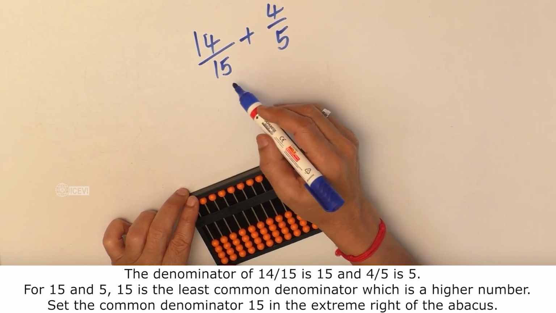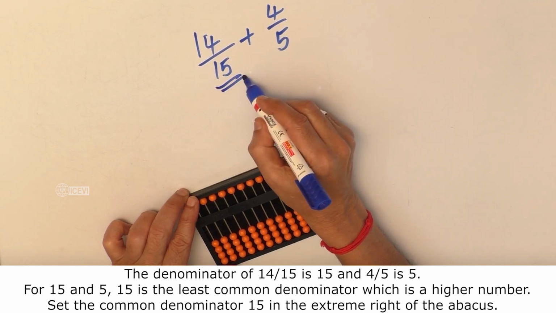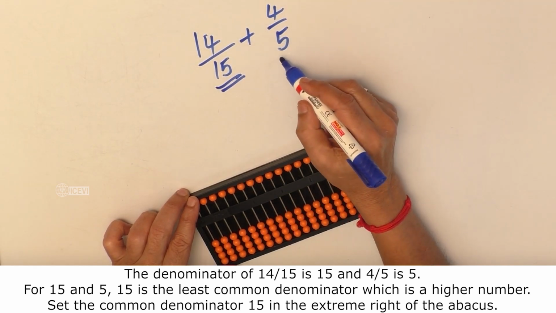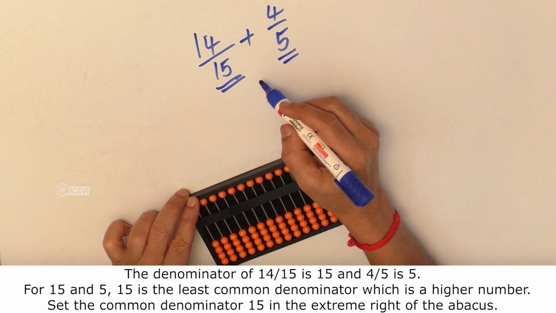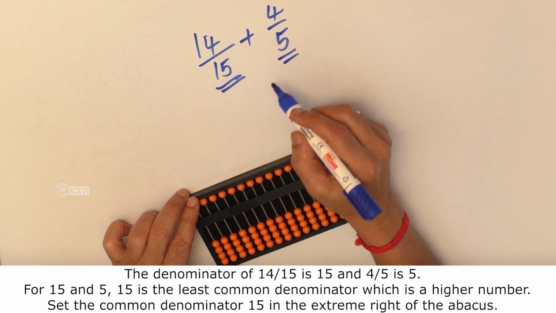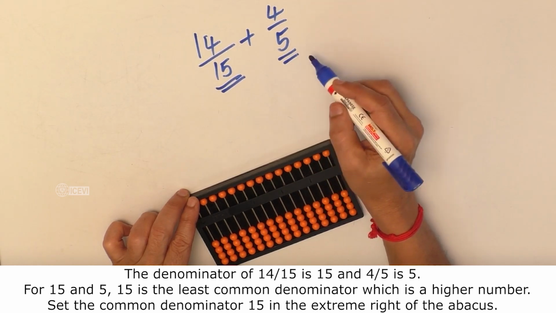The denominator of 14 by 15 is 15 and 4 by 5 is 5. For 15 and 5, 15 is the least common denominator, which is the higher number among the two.